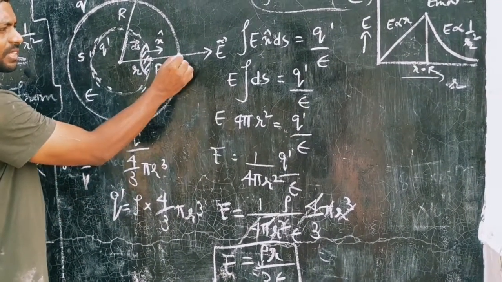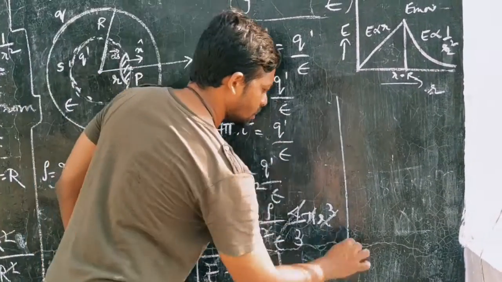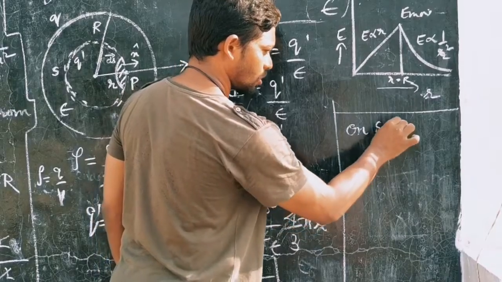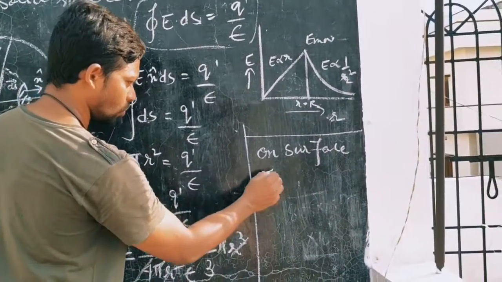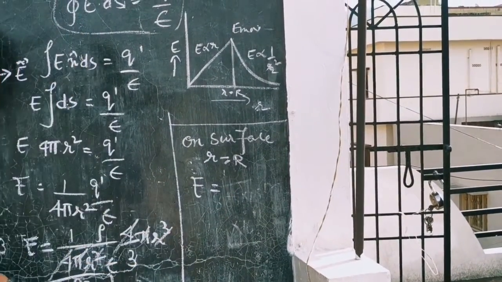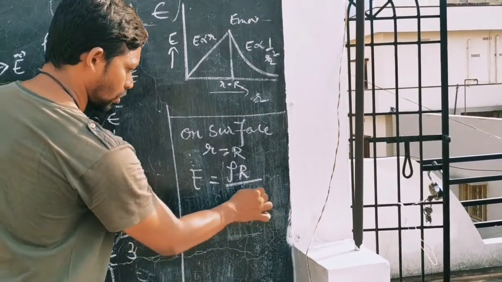If we want it on the surface, we just have to put r equal to R, so on the surface this E value is rho R by 3 epsilon.